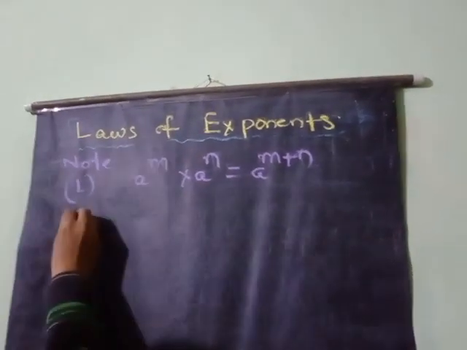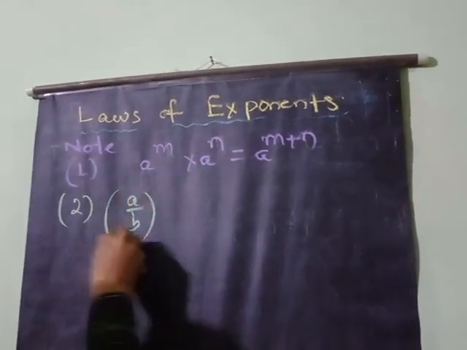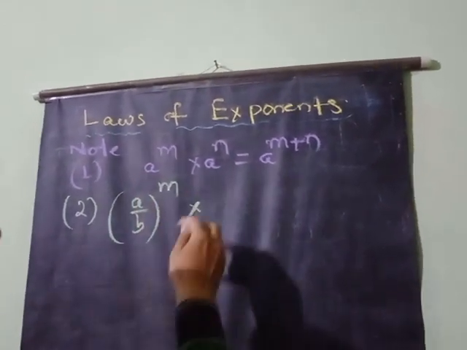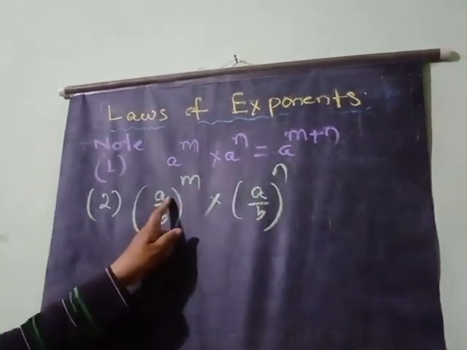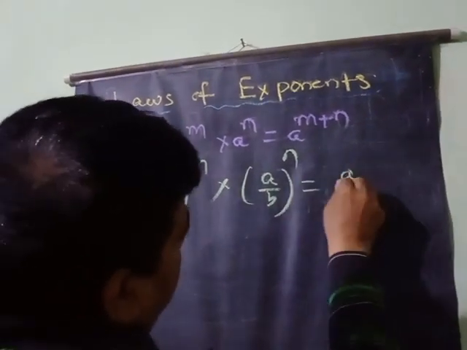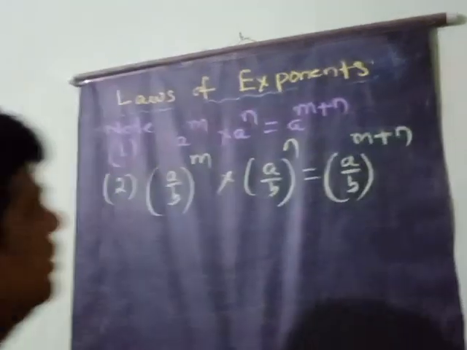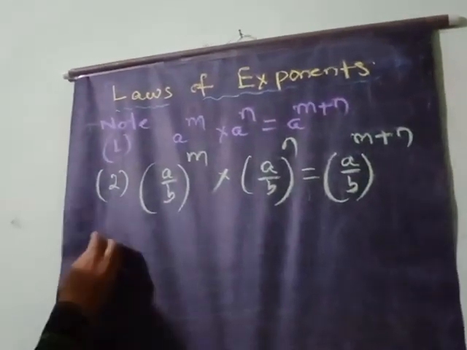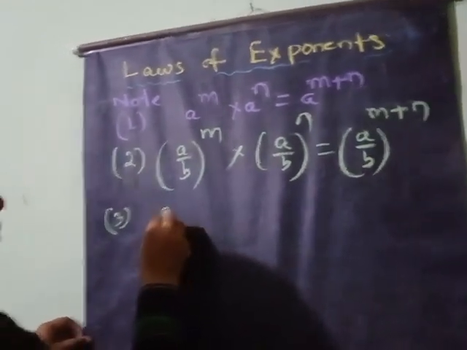Similarly, if you write a by b whole to the power m, if it is a rational number, and a by b whole to the power n, the base is a upon b. Here the base is a upon b. So a upon b whole to the power m plus n. Understand? Similarly, if you multiply a by b whole to the power what?